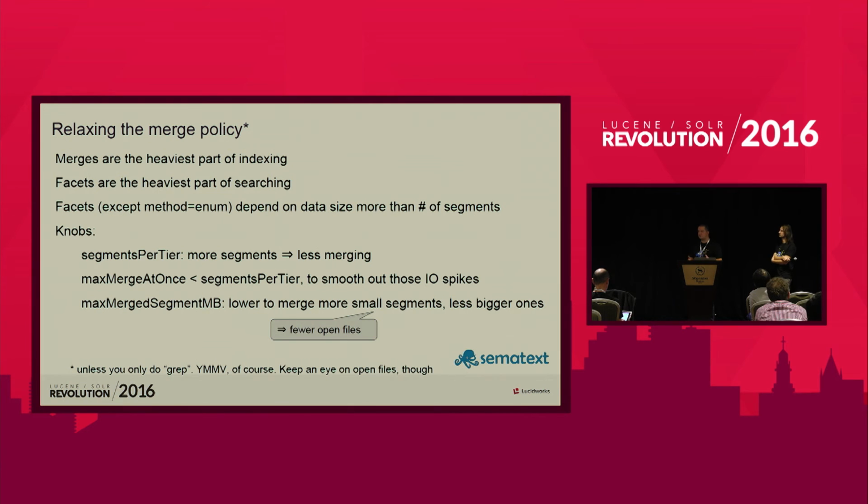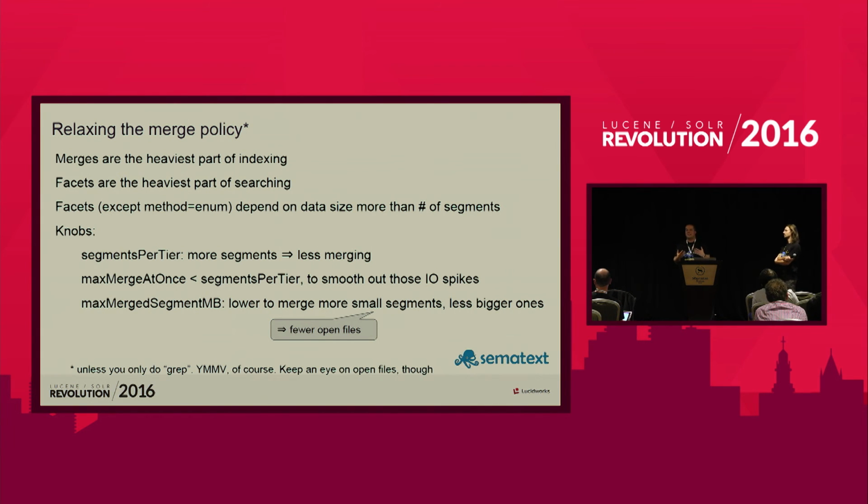First of all, segments per tier. The higher segments per tier, the more segments are allowed to be created, which means Lucene will do fewer merges in these background threads that are fired up for merging, which means higher indexing throughput because of less I/O to be used. When we are tuning the max segments per tier, we are usually going up as well with max merge at once, which means how many segments at once can be merged.